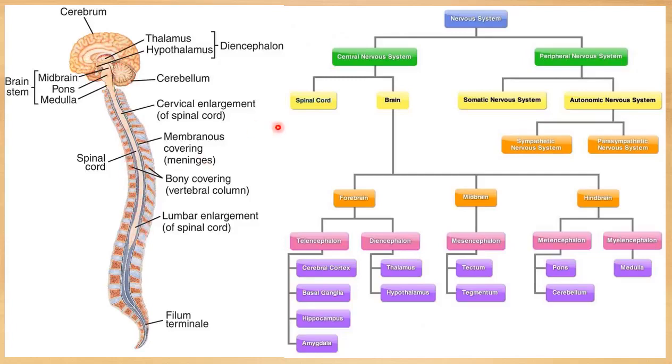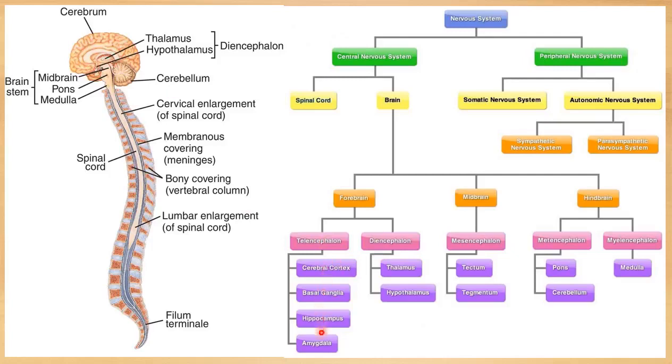Now coming to the brain, you have the forebrain, which develops from the prosencephalon. Then you have the midbrain, and then the hindbrain, from the mesencephalon and rhombencephalon. Coming to the parts of the forebrain, the prosencephalon gives rise to the telencephalon, which is your cerebral hemisphere, your cerebral cortex.